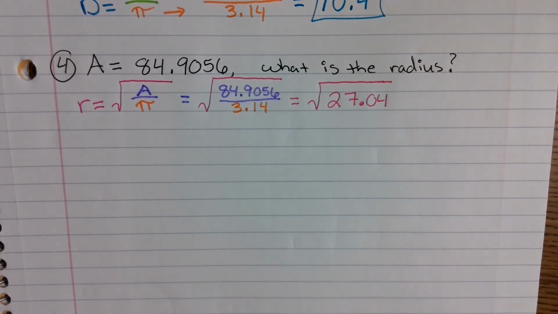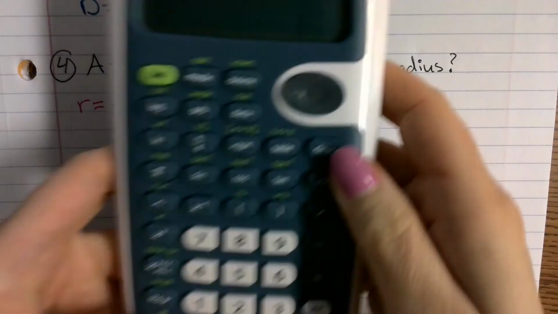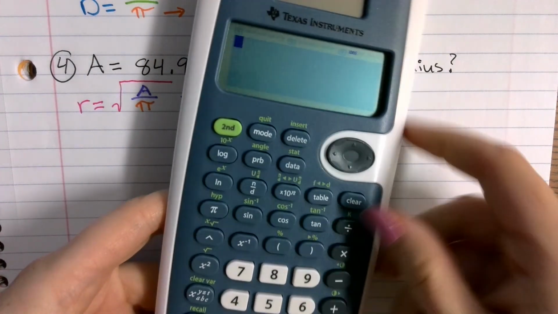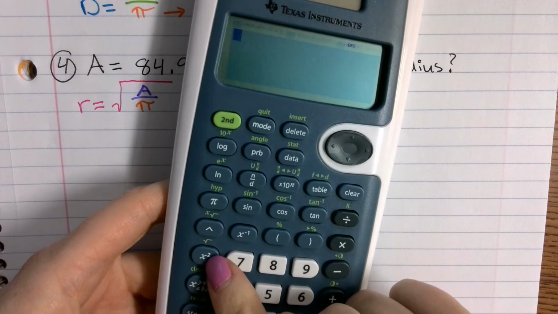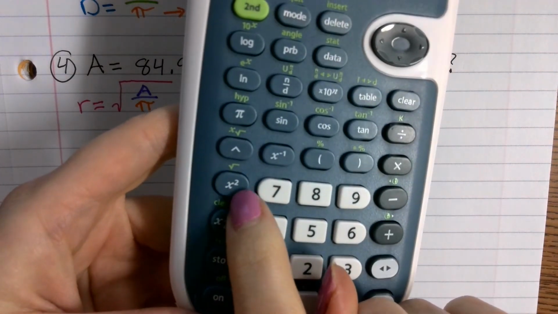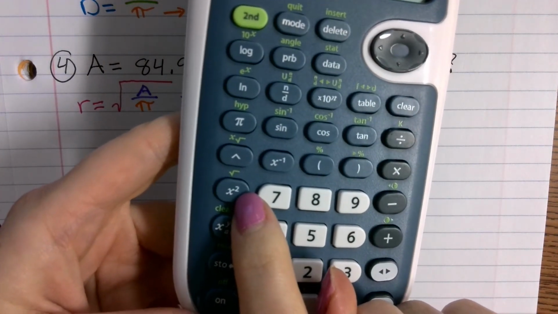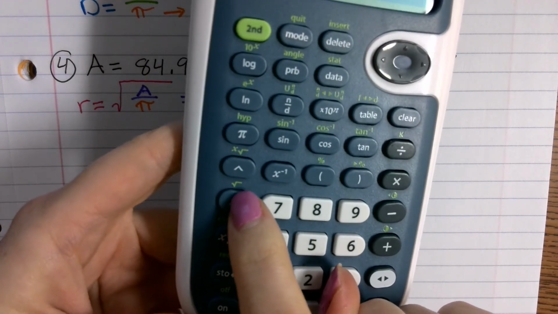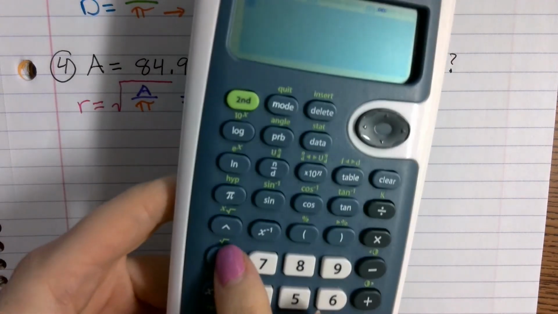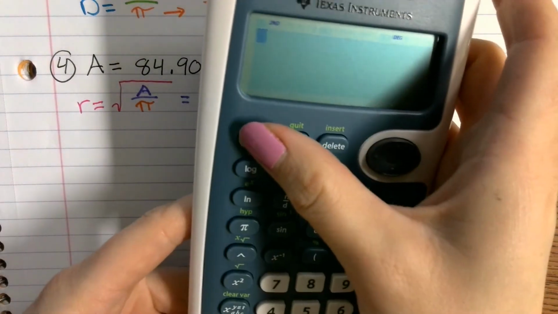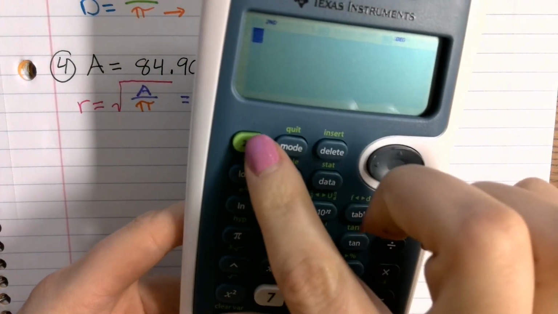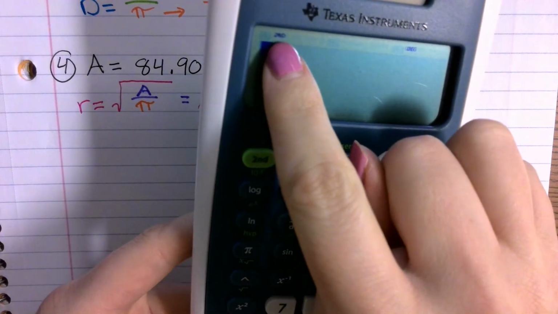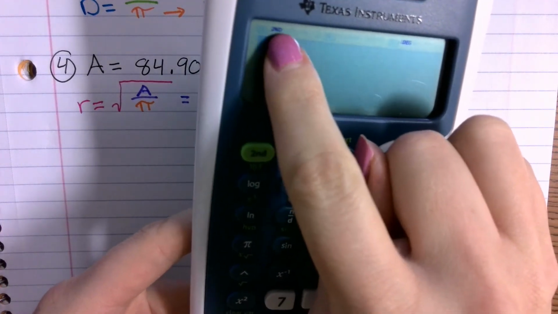Now, on your calculator, to do a root, if you look at x to the second power, everybody looking at their x to the second power? Right above it in green is a square root button. Since it's in green, what do you have to hit first? Second. You have to hit the second button, and you'll know it is in use because the word second pops up on there.